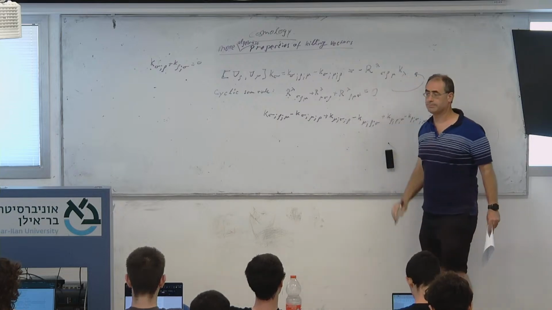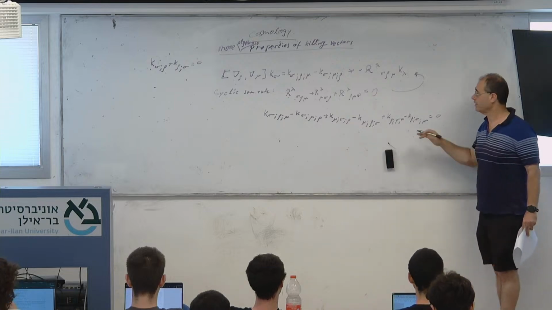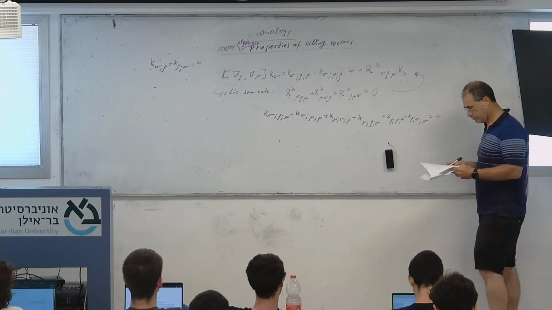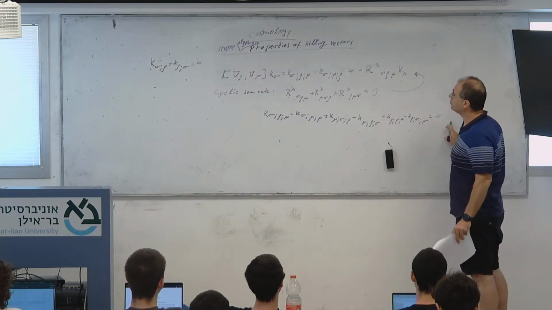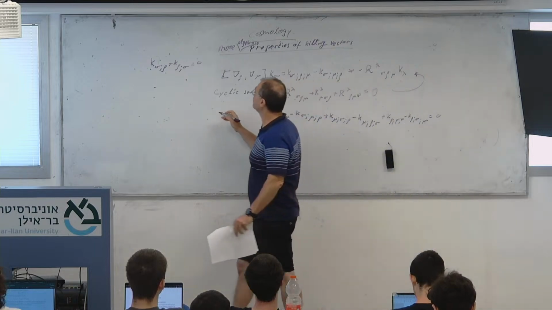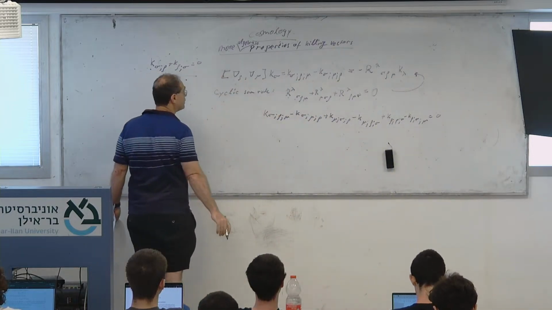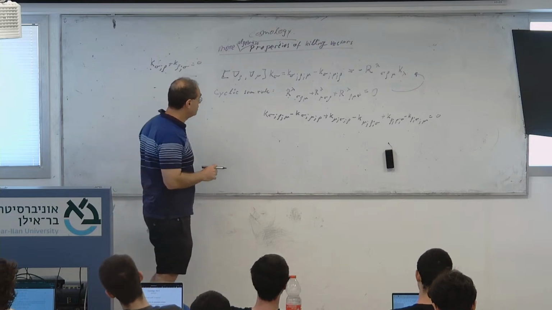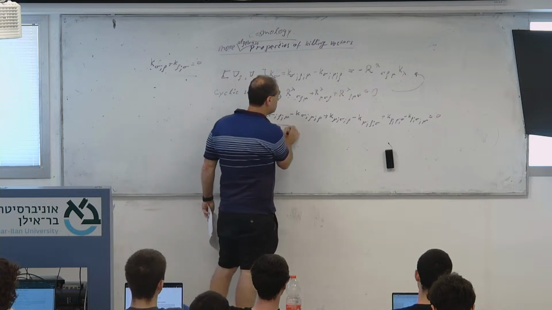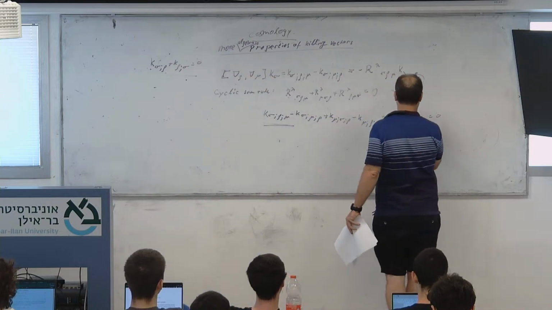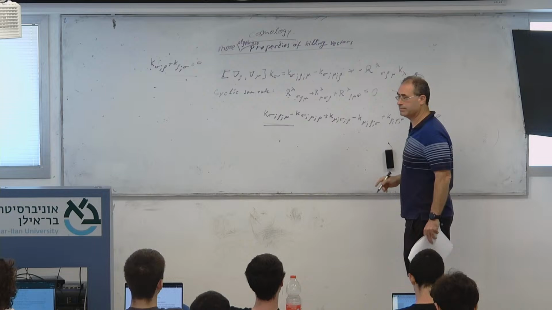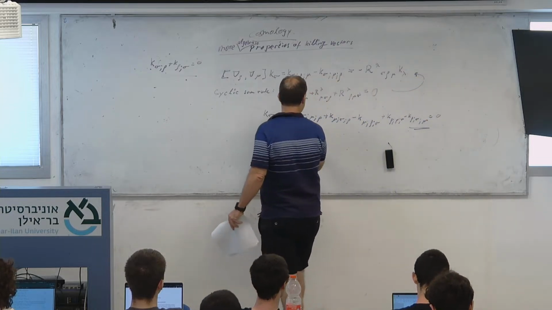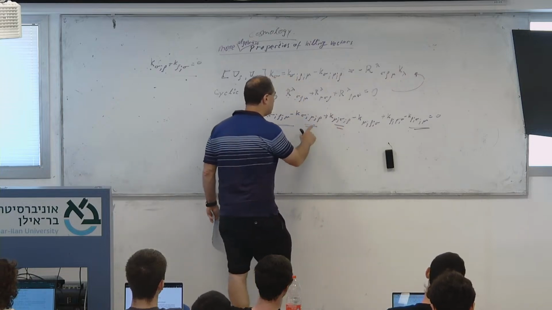We just plug it in here. Again, this is true for any vector, not necessarily a Killing vector. Now I'm going to use the Killing condition: K sigma rho plus K rho sigma is equal to 0. So that is equal to that, it's really twice, and then there's a minus.